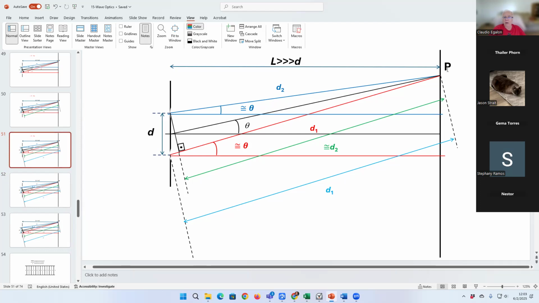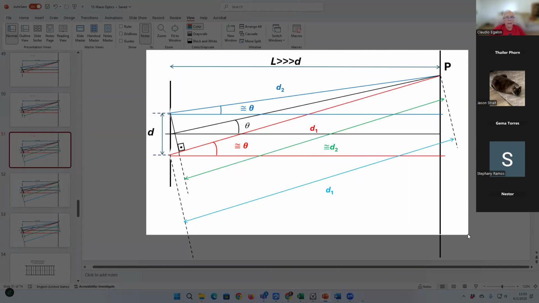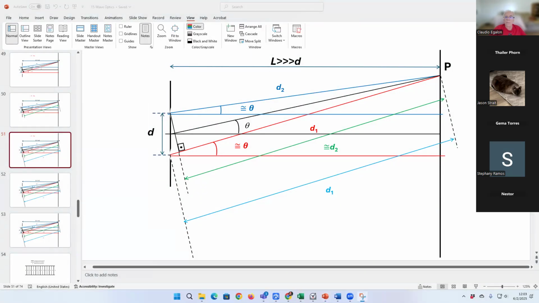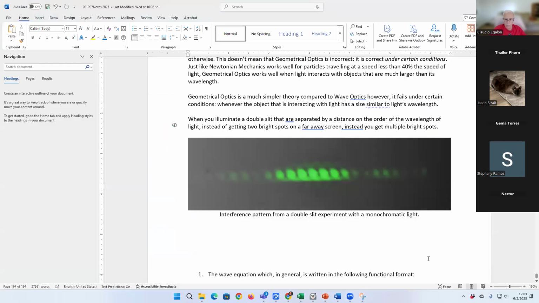Okay? Referring to the drawings of the class, you know what? I'm going to copy that and paste in my snipping tool. Okay, interference.